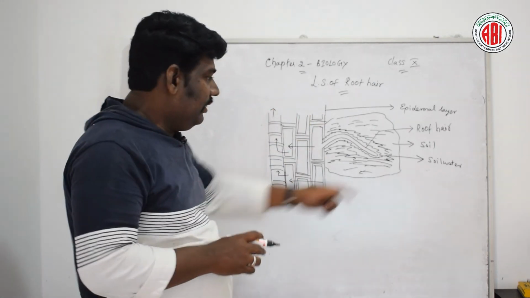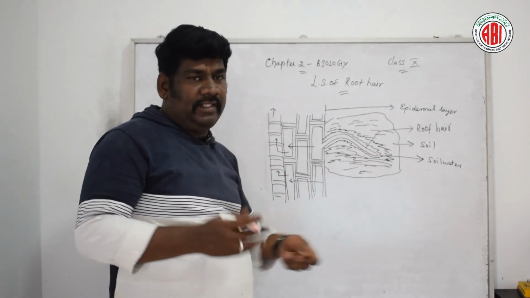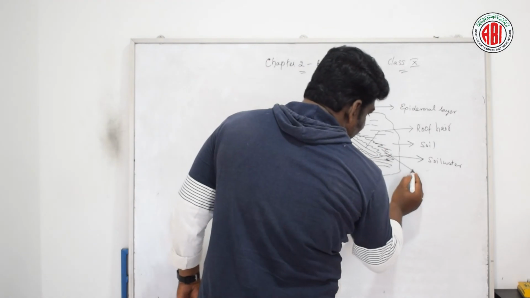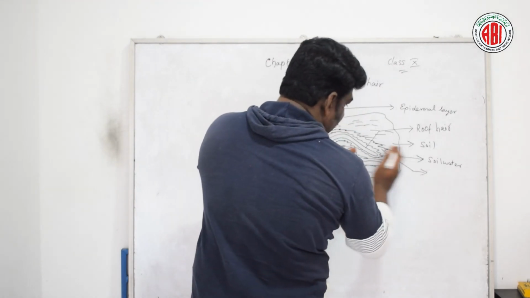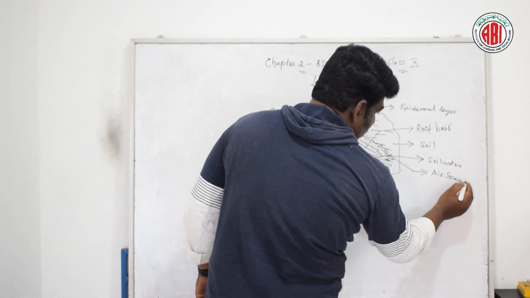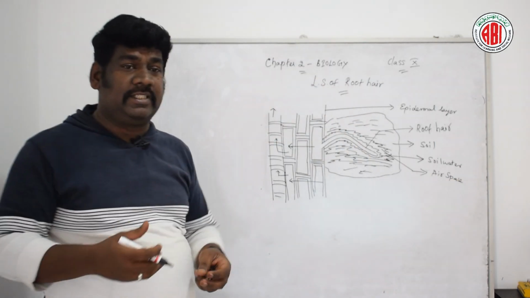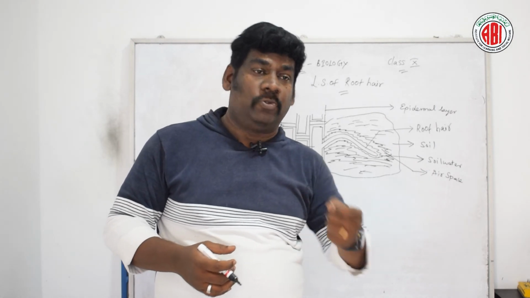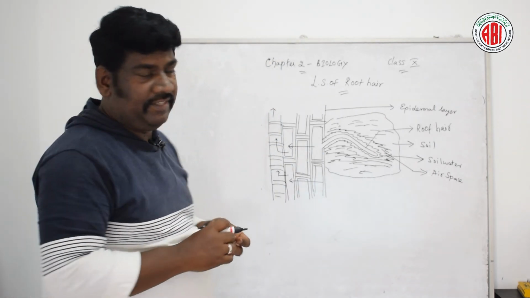This is the soil particle where the soil water is, and there is an air space between the soil and the root hair. That air space gives the pressure for absorbing the soil water with the help of the root hair. Okay, so that is a very, very important thing.